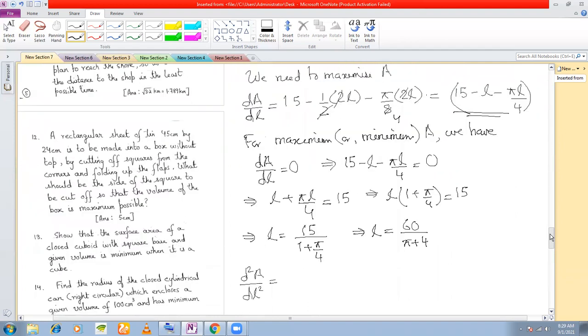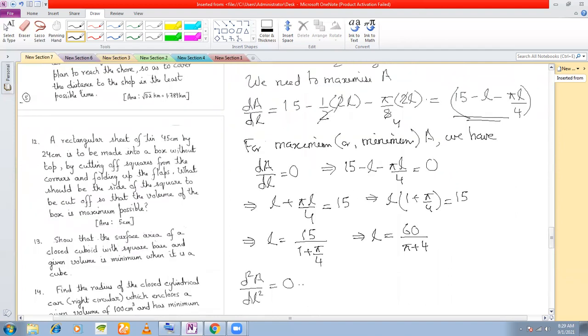So what should be? 0 minus d/dL of L is 1, minus pi by 4 is a constant, take it out, d/dL of L is 1. So this is minus 1 minus pi by 4. Don't write negative or positive now, because we are going to test it at the given value.